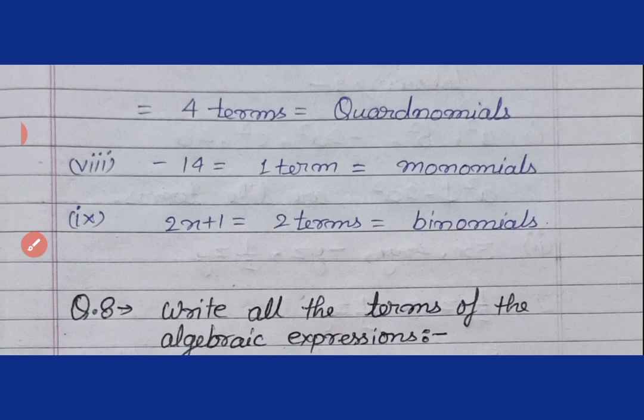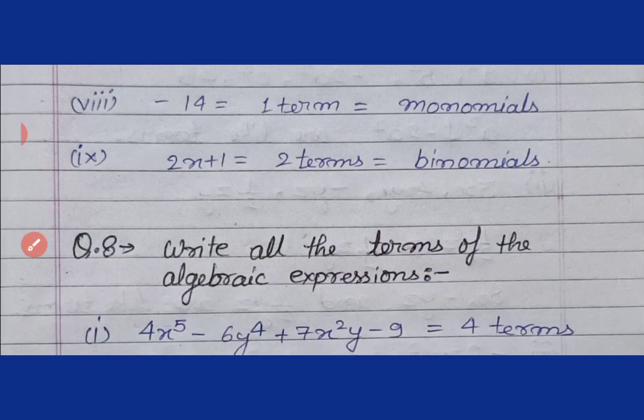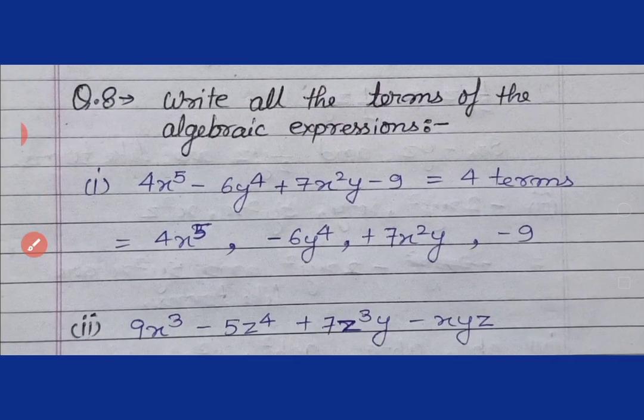In the next question, 2x + 1. Two terms are given, both with a positive sign, that's not a matter, this is a binomial. Write all of the algebraic expressions. As I have told you, by the sign of plus and minus we can determine.